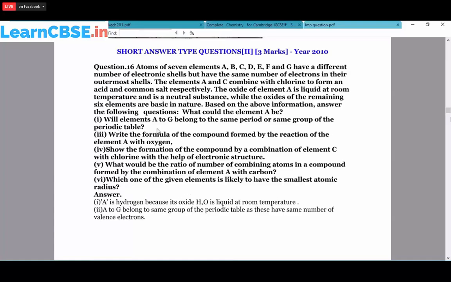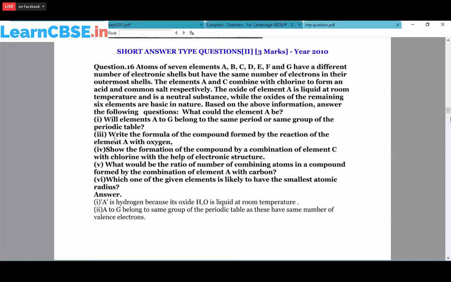Next question. Will elements A to G belong to the same period or the same group of the periodic table? Okay, so we have already seen they have the same number of electrons in the outermost shell. It means that it's a group. So it belongs to the same group of the periodic table, having the same number of valence electrons.